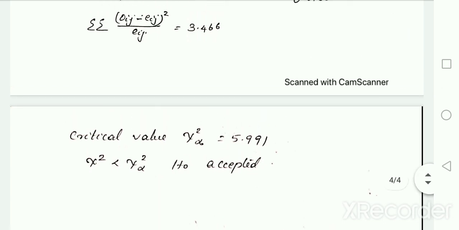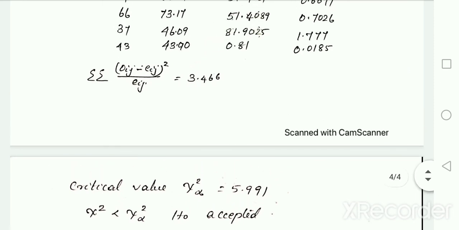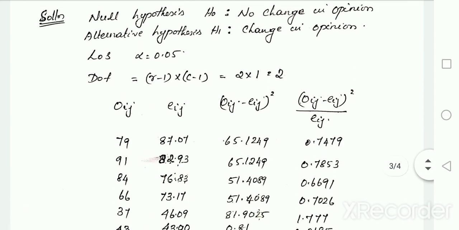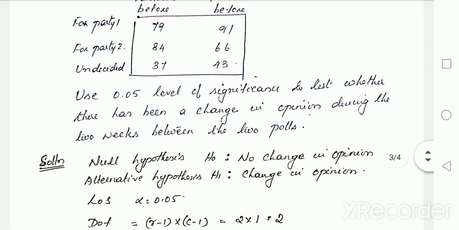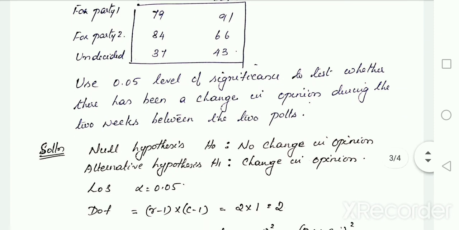So this 3.4 is less than 5.99, so this is not under rejection criteria. So here also we accept H0. So there is no change in opinion; for a 2 weeks gap also there is no change in opinion.